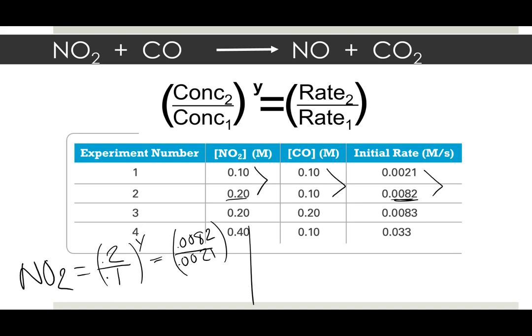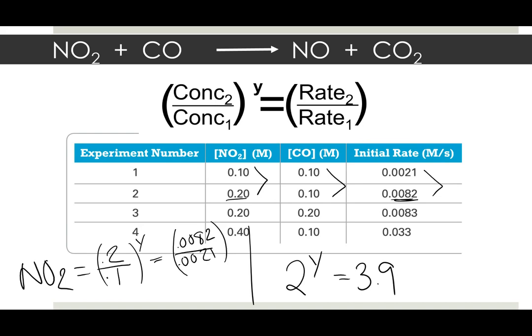So the first thing I'm going to do is clean this up a little bit. I'm going to take the 0.2 divided by 0.1. So this is going to be 2 raised to the y. And then the other side, 0.0082 divided by 0.0021. This side is going to be 3.9.